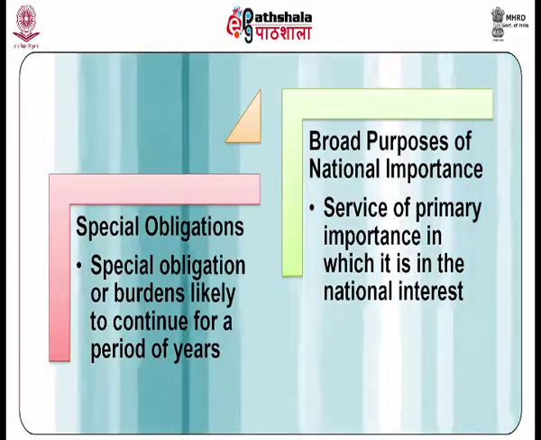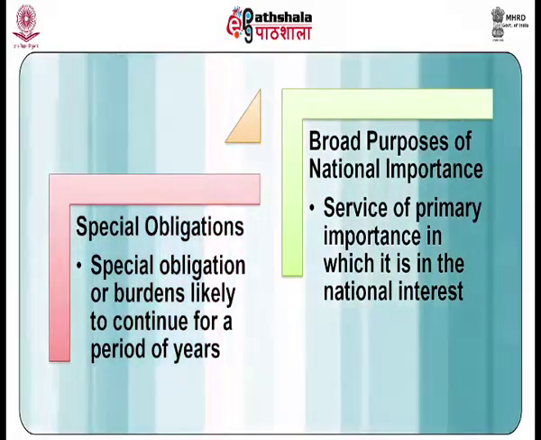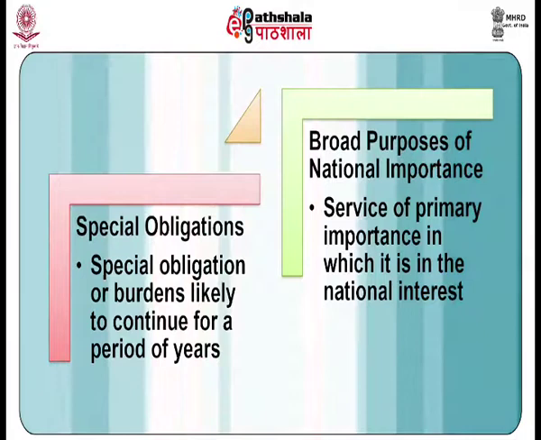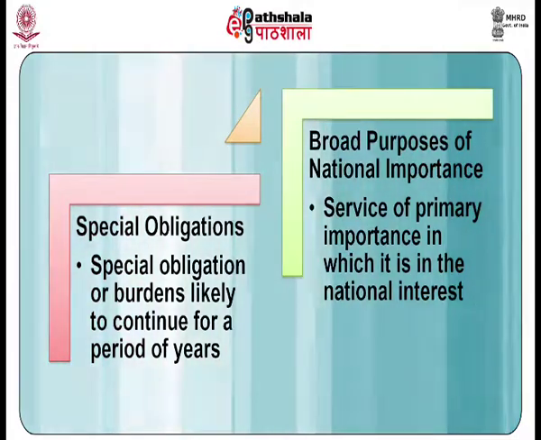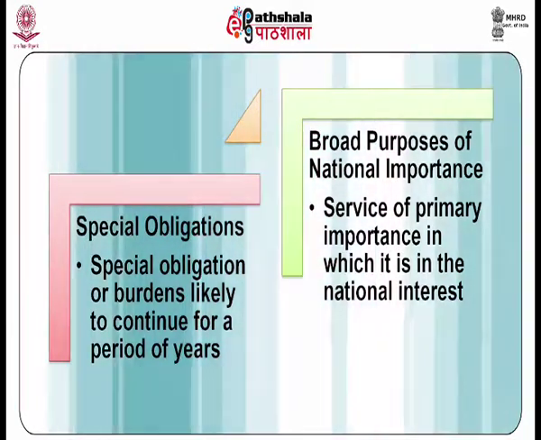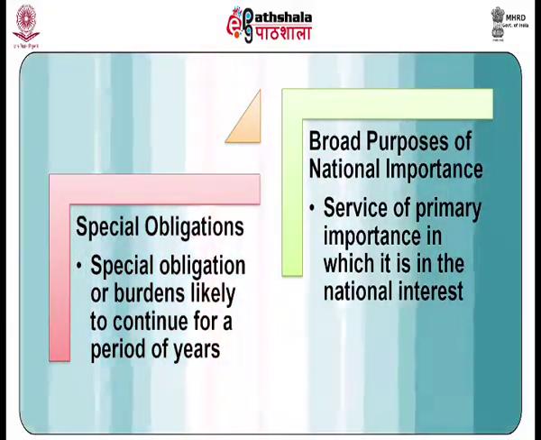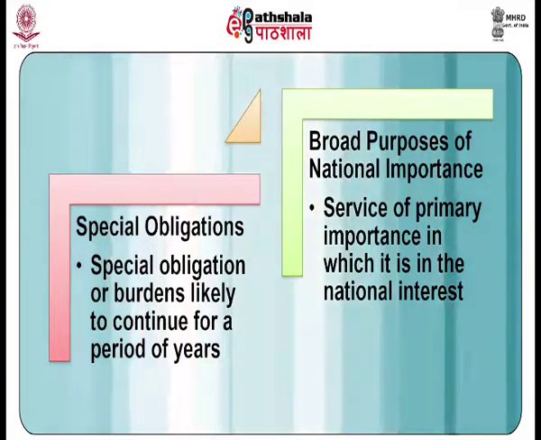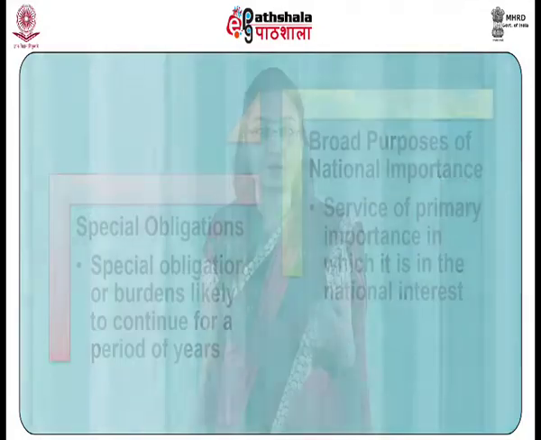Sixth, broad purposes of national importance. The Commission favored that grants may be given to further any service of primary importance in which it is the national interest to assist the less advanced states.